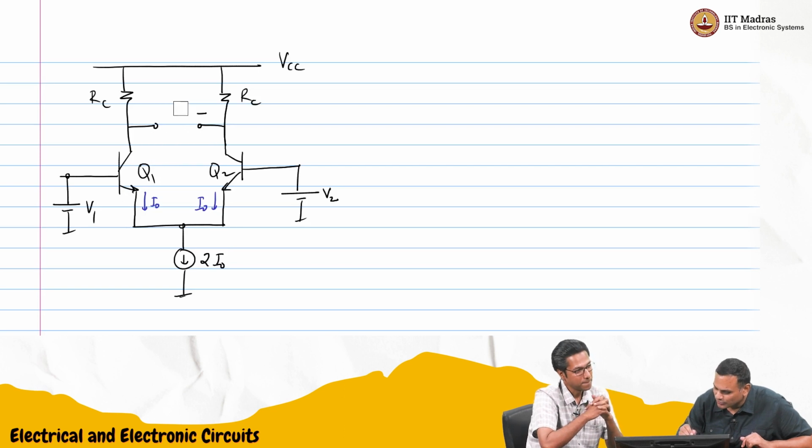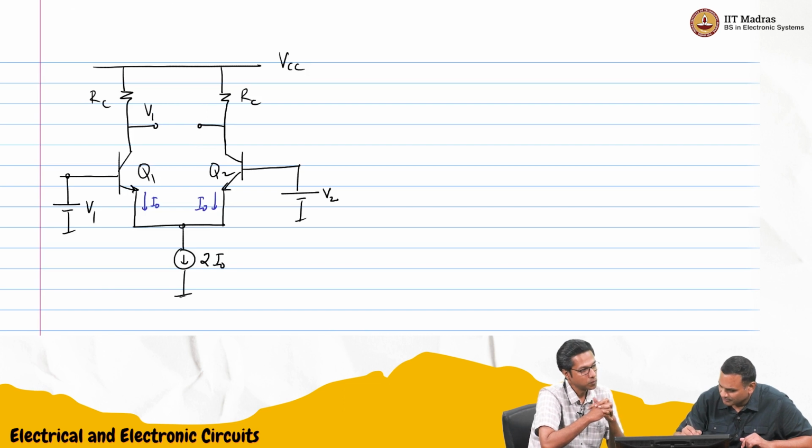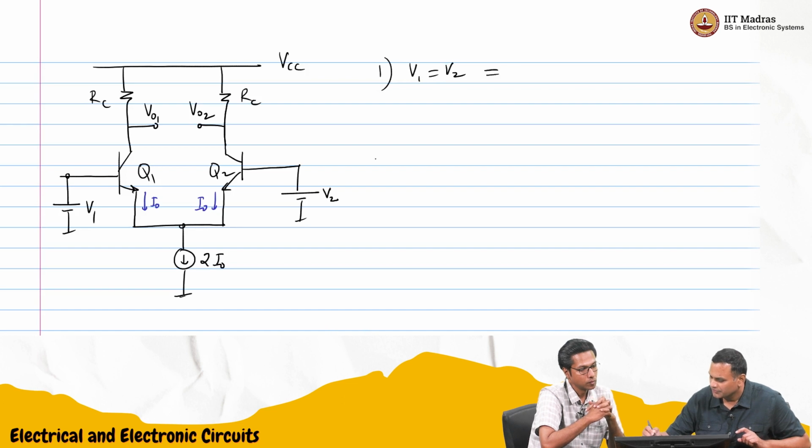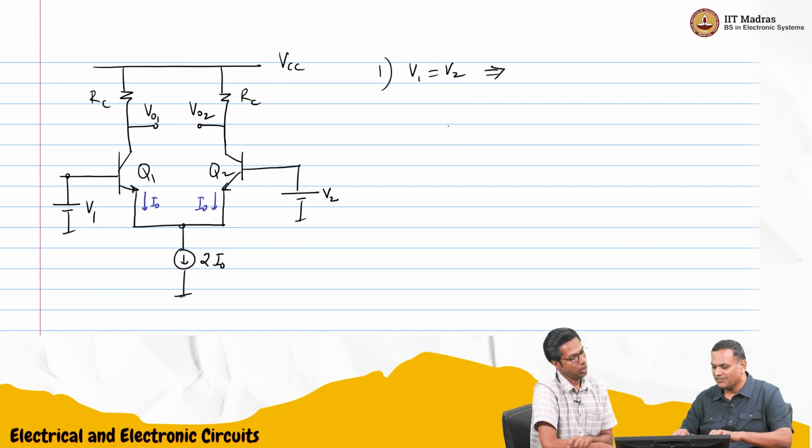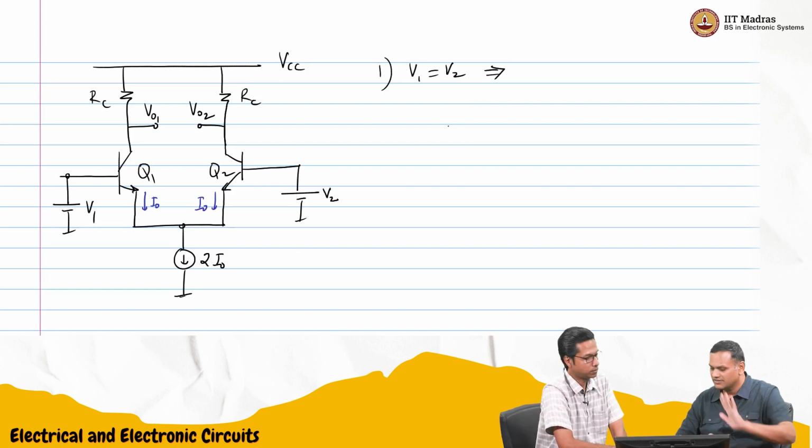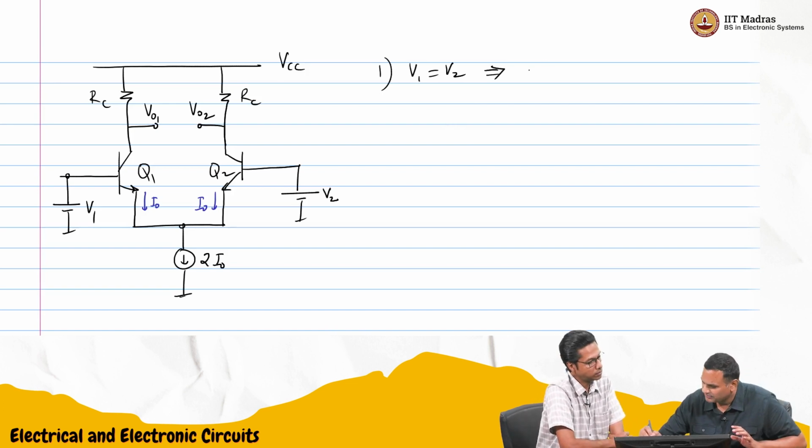In fact, we will just call these V1 and V2. I think that is easier. VO1 and VO2. So if I give V1 equal to V2, then everything is symmetric for all transistors. So V01 will be equal to V02.